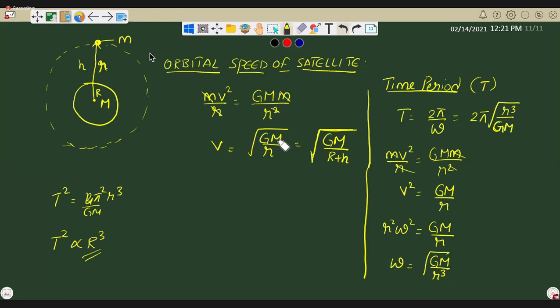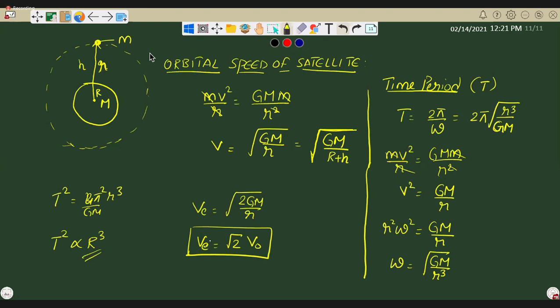Now see, what is your escape velocity? The formula is under root 2GM divided by r, right? Your escape velocity is under root 2GM divided by r, and under root GM by r is the orbital speed. So that's the relation between orbital speed and escape velocity.